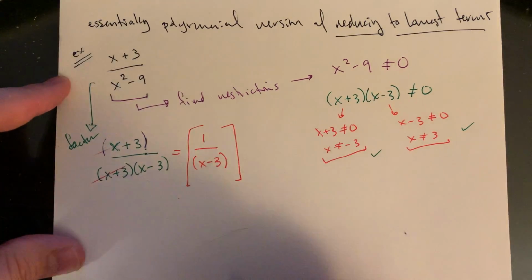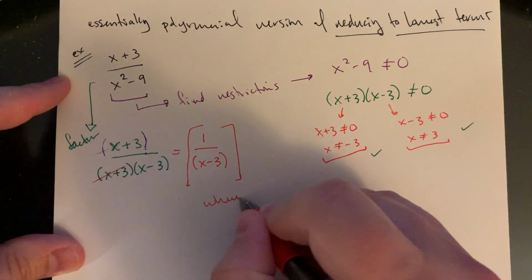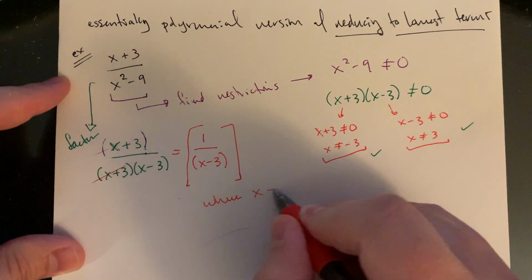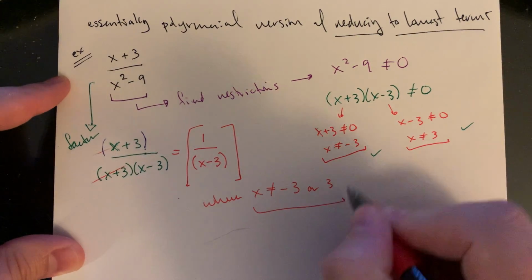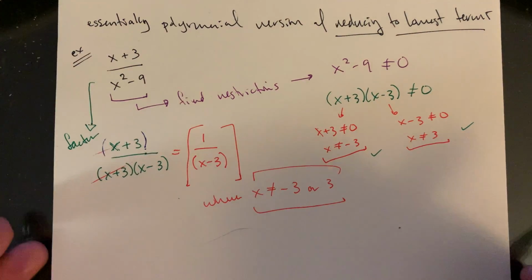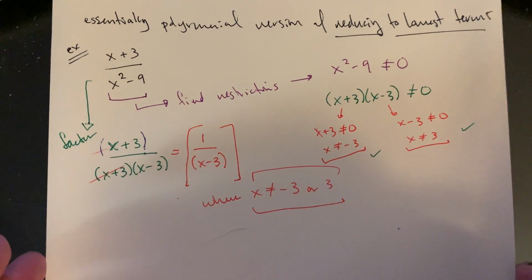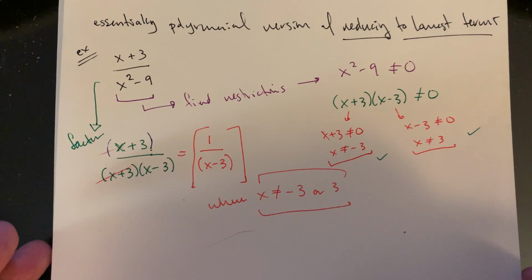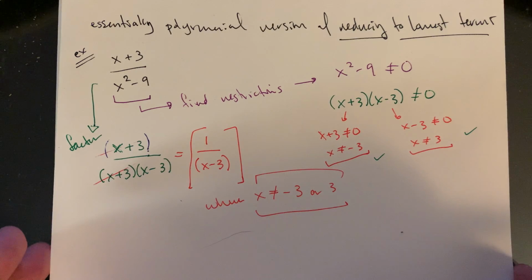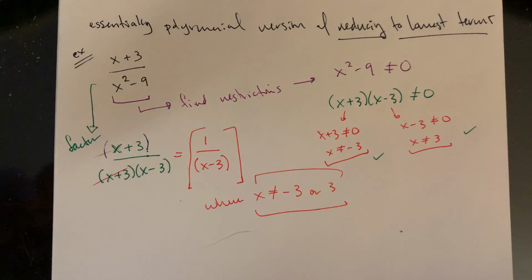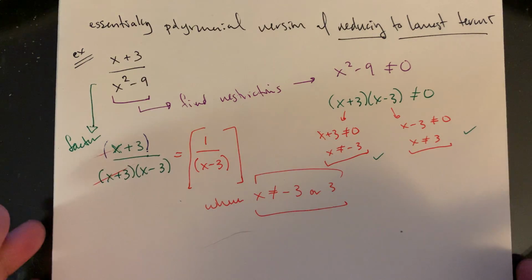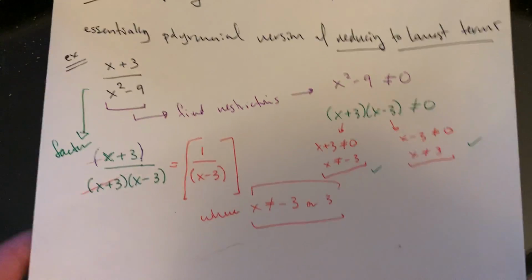So that's our simplified version, and that's where our restrictions, x is not allowed to equal negative 3 or positive 3. So it's the reduced version and it's the restrictions together that get us this simplified version. It's the cleaned up, reduced version where we're also still keeping in mind any of these restrictions.